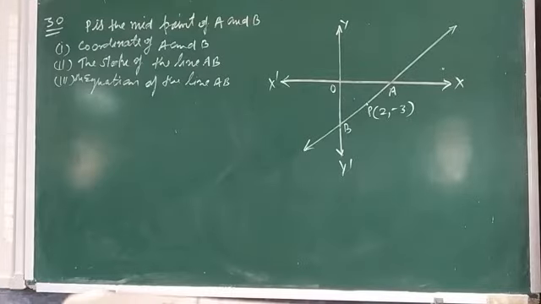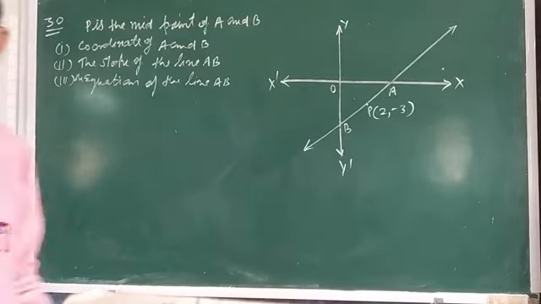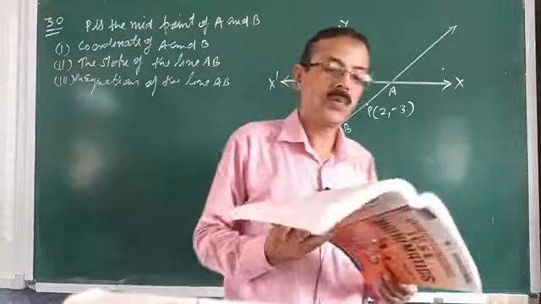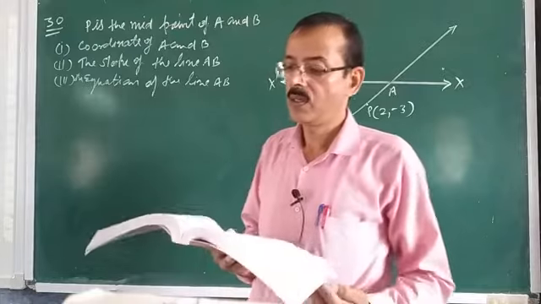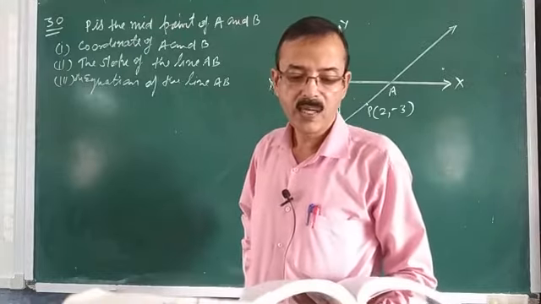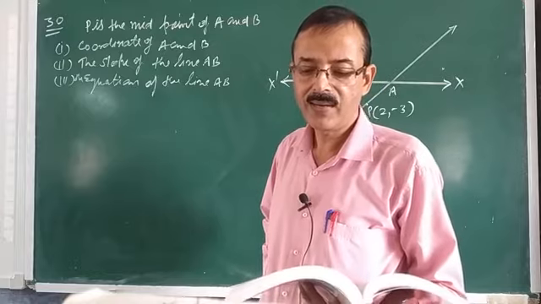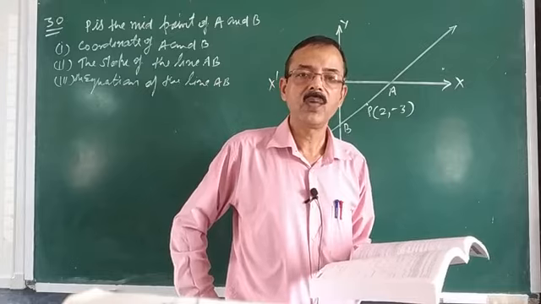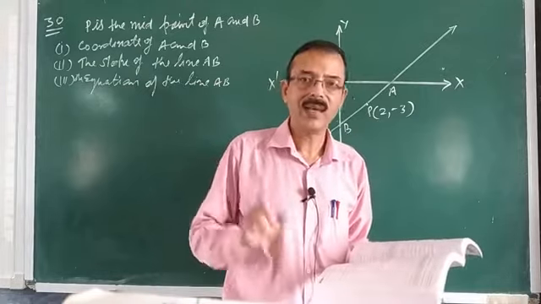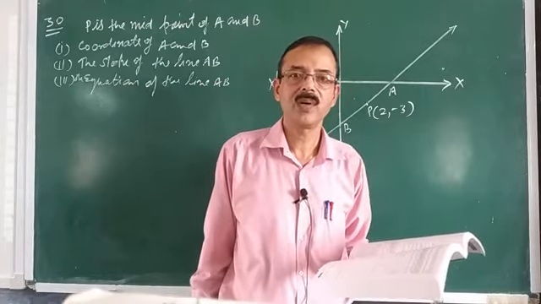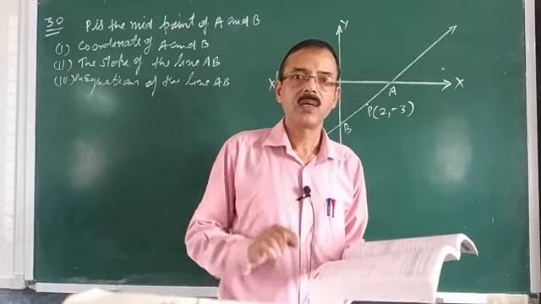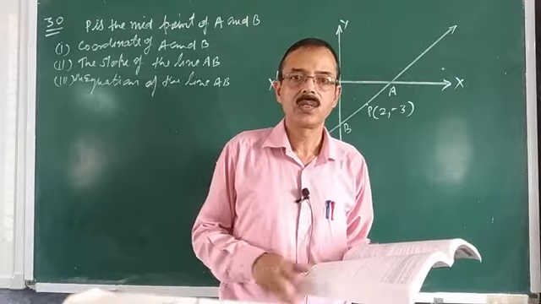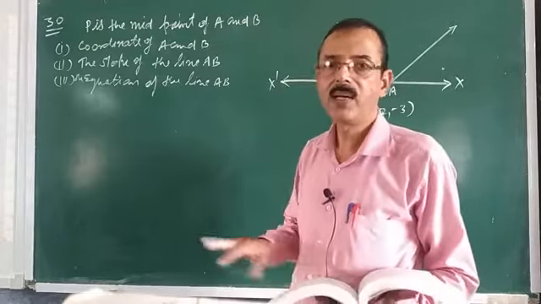So next, question number 30 of exercise 12.1. Before teaching question number 30, I want to give the hint of question number 29. In this, 3 vertices of a parallelogram ABCD, taken in order, A, B and C are given, but D is not given. So we have to find D. As in the previous exercise on the section formula, this type of question came, where the third vertex was to be found in the parallelogram, 3 being given. So apply the same process here to find the D point.